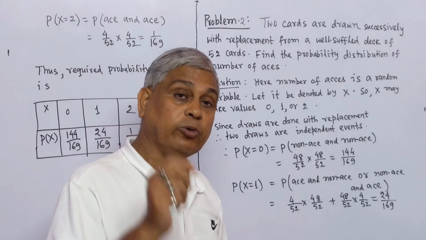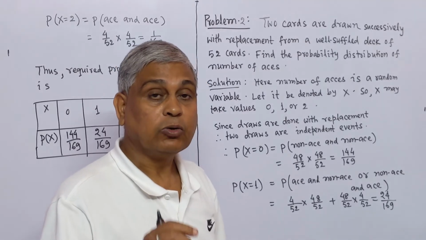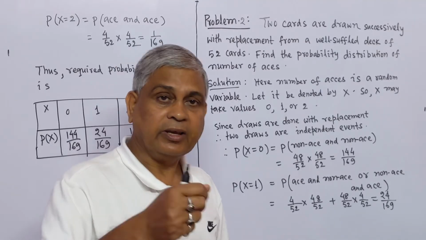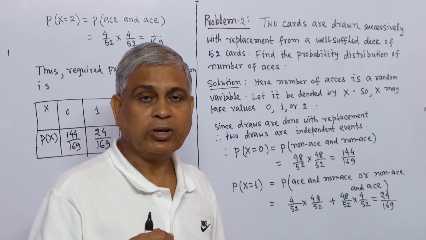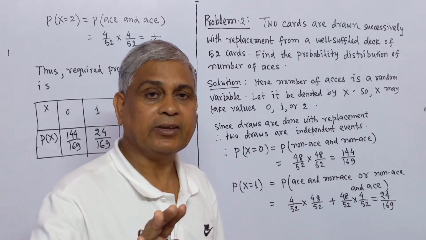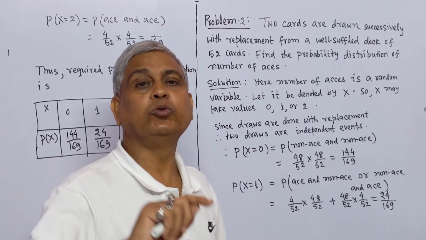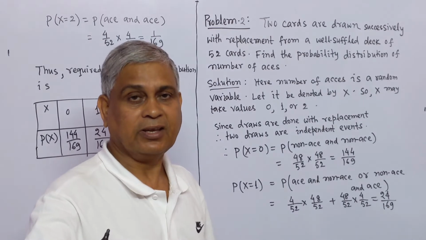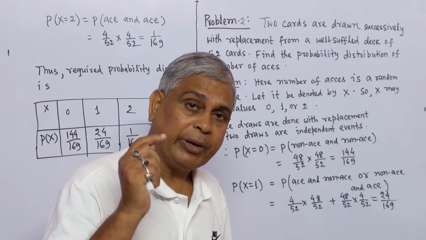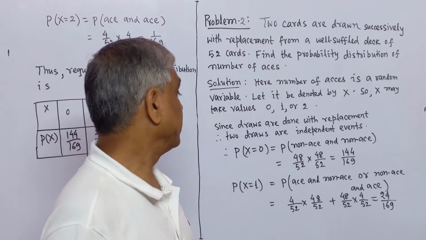Since we have to draw two cards successively with replacement, in the first draw it may be possible that we do not get any S, and in the second draw also we do not get any S. That means the value of the random variable will be 0 in this case.